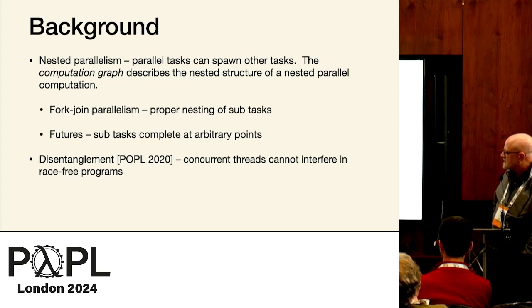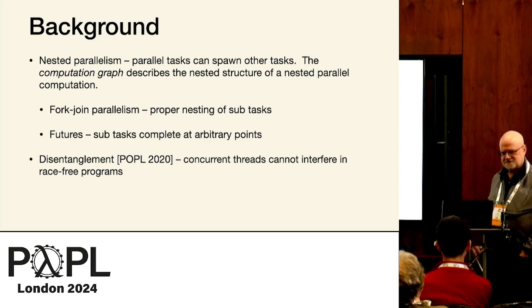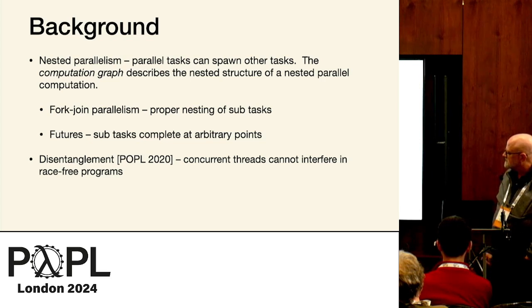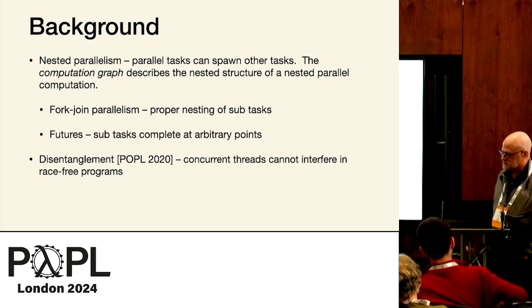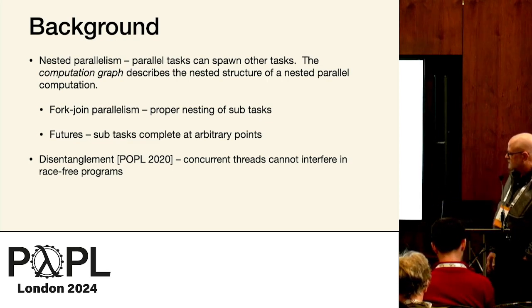And then this notion of futures, which are an extremely old idea. They go back to Multi-Lisp and Halstead's work in the 1980s. But they've been sort of rediscovered as a kind of nice way to deal with certain kinds of parallel structure that fork join parallelism is too limited for.